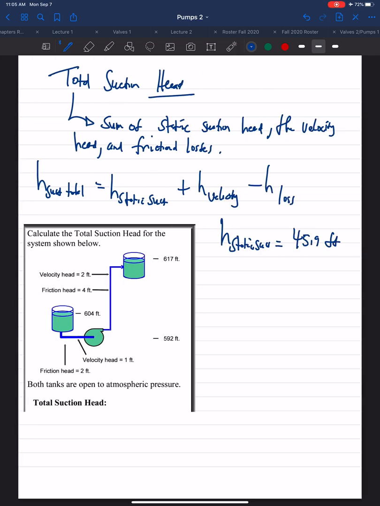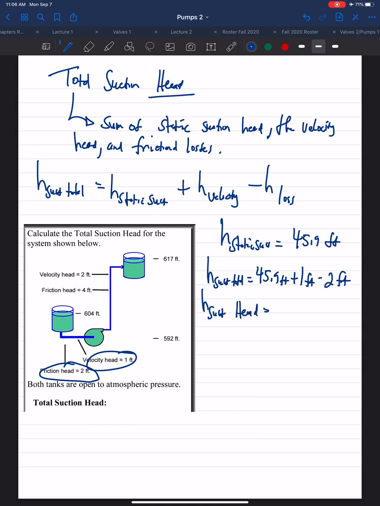So the total suction head is 45.9 feet plus my velocity head, given here, 1 foot, minus the frictional losses, or the frictional head given here is 2 feet. So my total suction head is 44.9 feet.